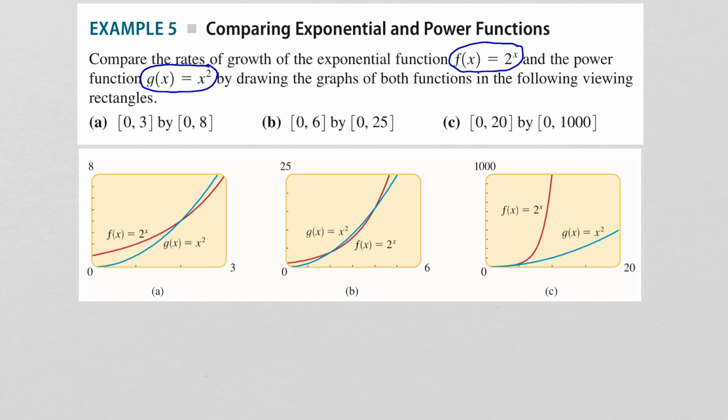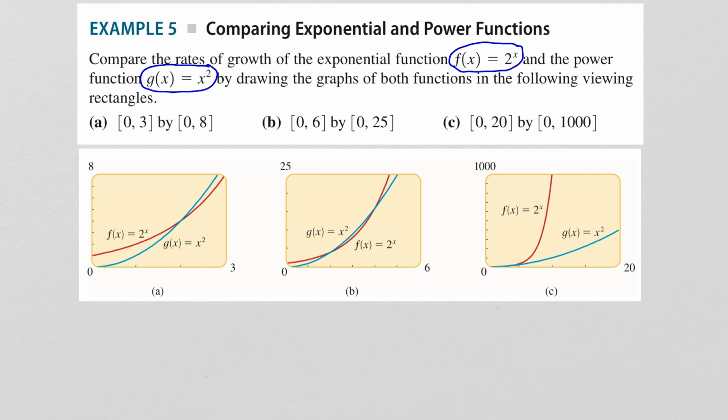But the takeaway here is that exponential functions grow much faster than any power function. So even if we were comparing it to x cubed or x to the 4th or even like x to the 10th power, the exponential function is going to eventually grow faster than any power function.